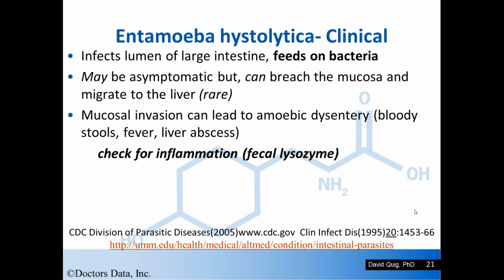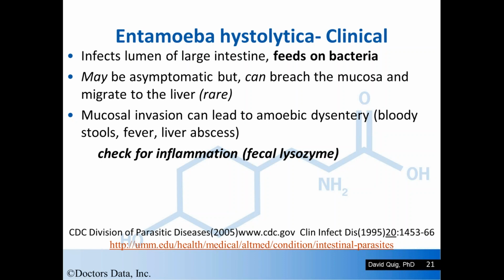Now, clinically, Entamoeba histolytica is a very interesting parasite. It infects the lumen of the large intestine. It feeds on bacteria. It may be asymptomatic, as many of the parasites are, but it can breach the mucosa and migrate to the liver in rare conditions, particularly when we have increased permeability.